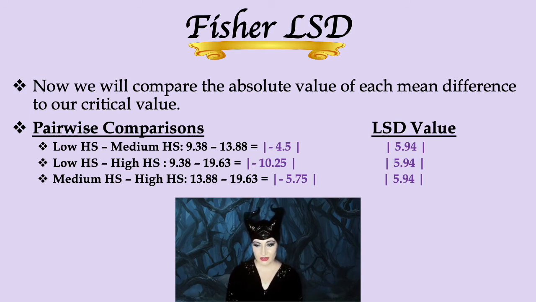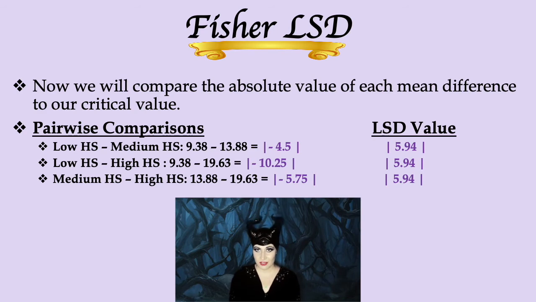So we ask ourselves the question, is the absolute value of 4.5 greater than or less than 5.94? So you may think to yourself, that's less than. So there are no significant differences between the low and medium hypnotic susceptibility groups in the number of dreams recalled. Then we look at the absolute value of 10.25 compared to 5.94. That one looks greater.